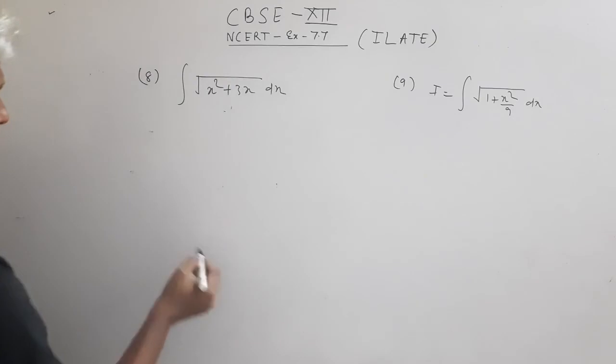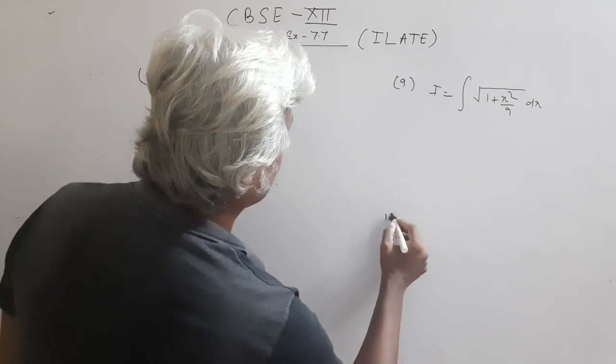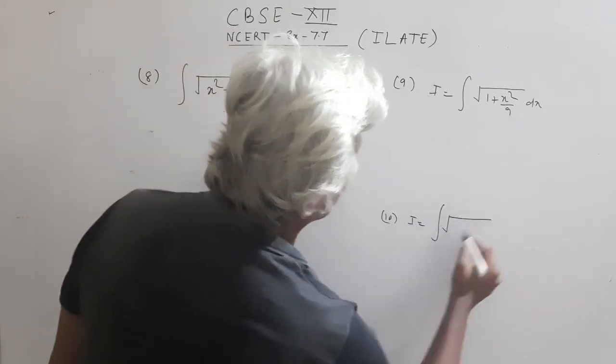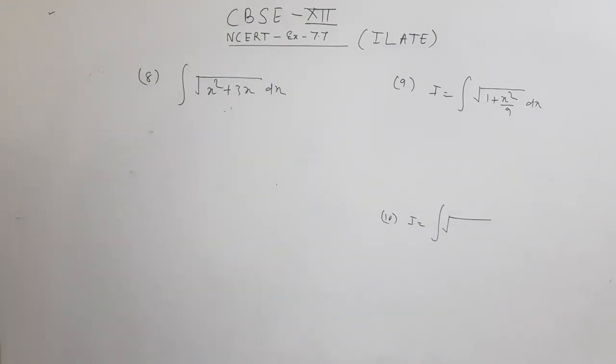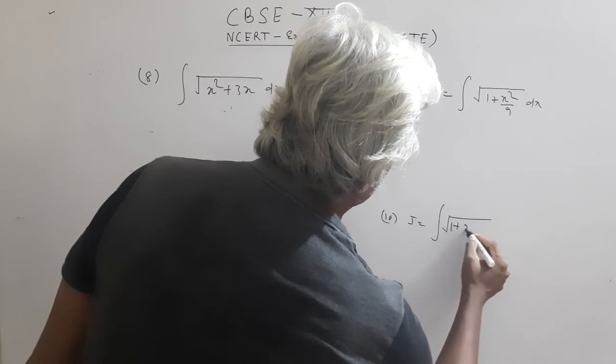So one more is there, why should I leave that one? That is question number 10. This I is directly fitting in the formula, that is 1 plus x square dx.